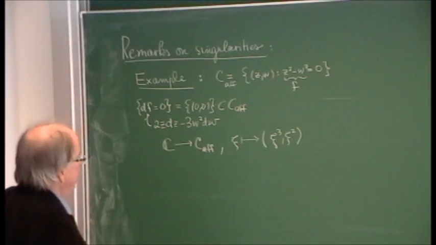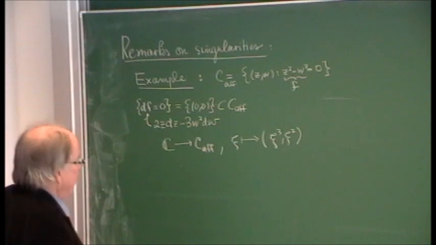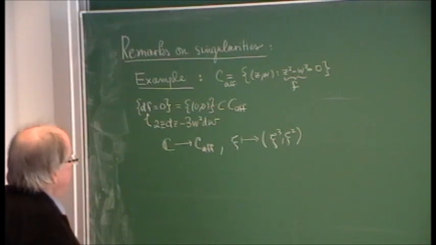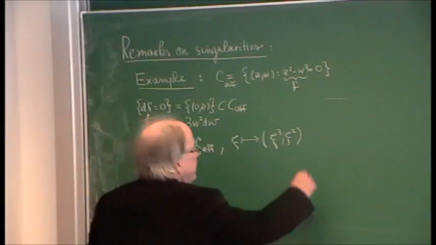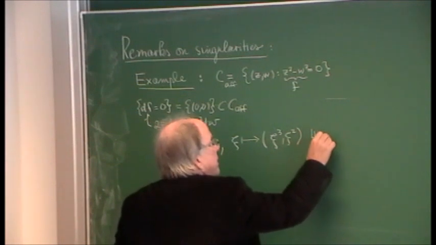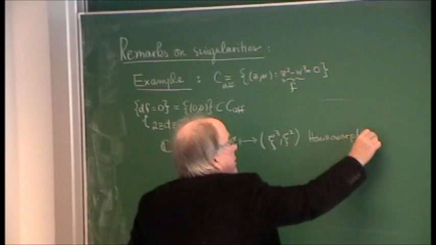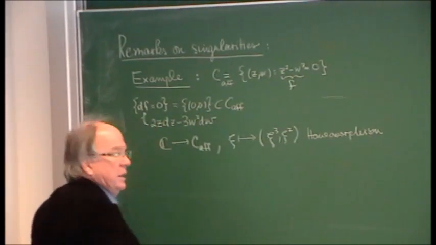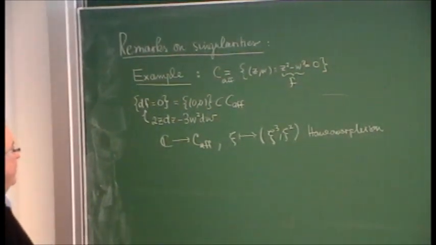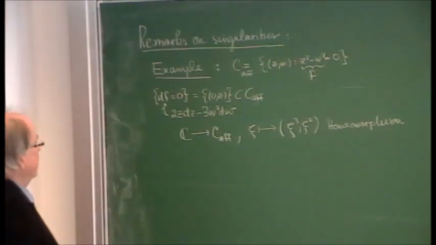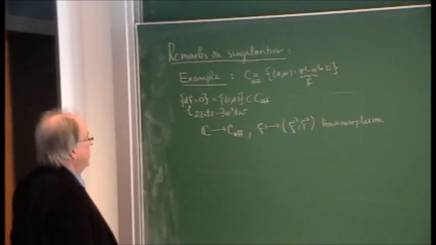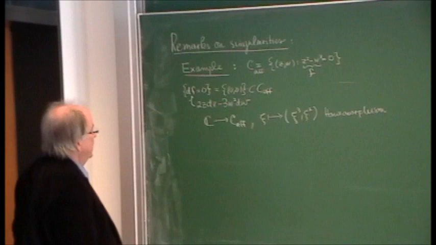And you see actually that this thing is, of course, holomorphic, and it's actually a homeomorphism. But it is not in any way biholomorphic. We will understand that later on, but it's a homeomorphism.